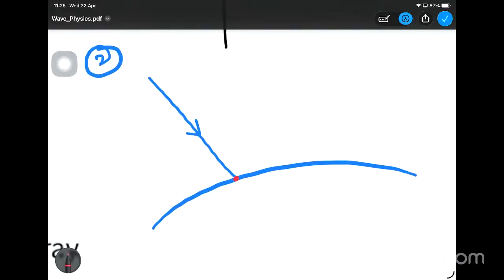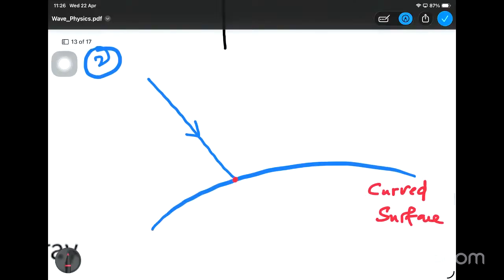So remember this point: for a curved surface, you need to draw the tangent line. I think all of you know what is meant by a tangent line. A tangent is the straight line that you can draw to a curved surface. So here you can draw the tangent like this.